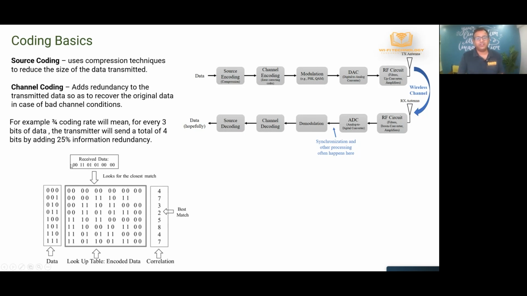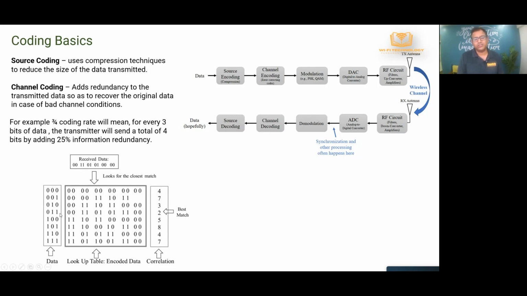So now you look at the received information, and then you check the lookup table and see what is the closest match. For example, this sequence of bits is 4 bits different from this one. This sequence of bits is 7 bits different from this one. But this sequence of bits here is the best match because it's only 2 bits different from the received data. So now when you look up in this table and say, I received this, but this is closest to this information, which means that I can estimate that what I received is actually this, which corresponds to 011.